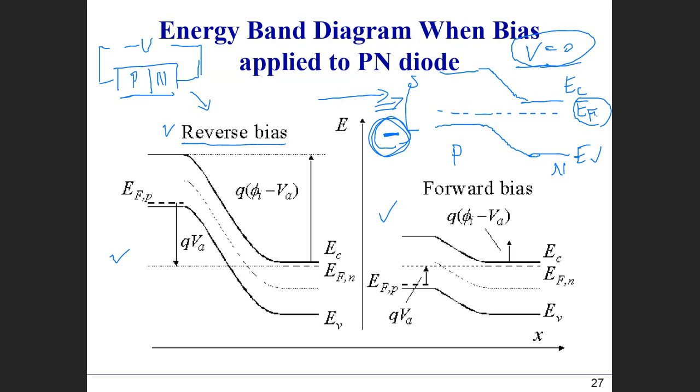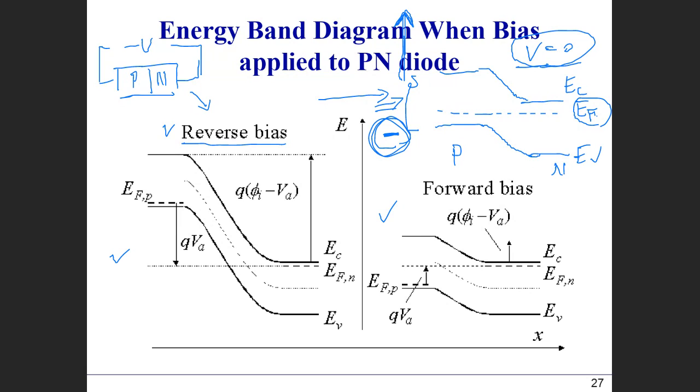As I explained, when you apply the negative potential, all the energy moves upward in this direction. In other words, if you just look at the reference here, we're going to see this kind of energy band diagram at reverse bias.